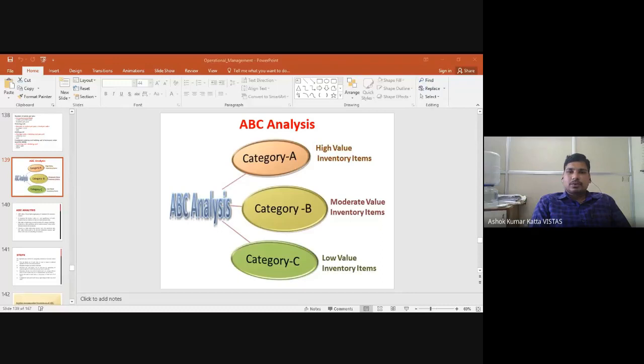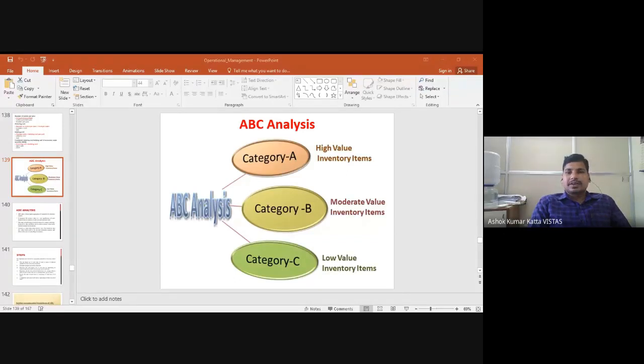So, what is the importance of each and every category? Every category has unique features, which depend on the quality of the material. As I told you, A, B, C. I hope you can find it in the present PPT also.